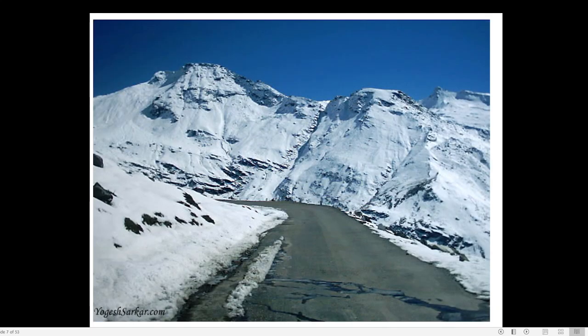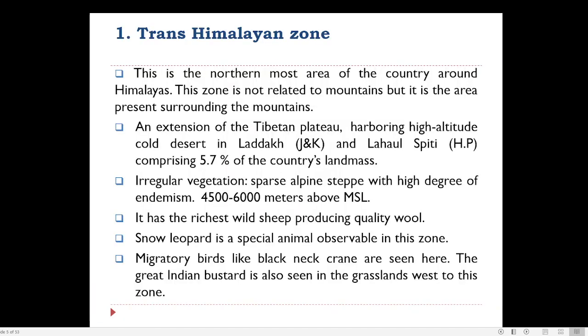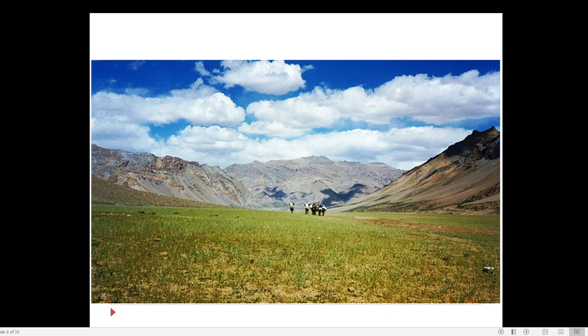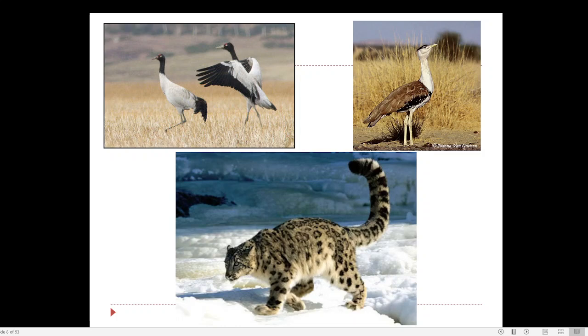Most of the time these areas are covered with snow. It has rich wildlife, because this is the type of habitat that we are seeing there, and a lot of wild sheep are there. These are some of the important animals that we can find in the Trans-Himalayan region. It's a very interesting area located on the northern side.